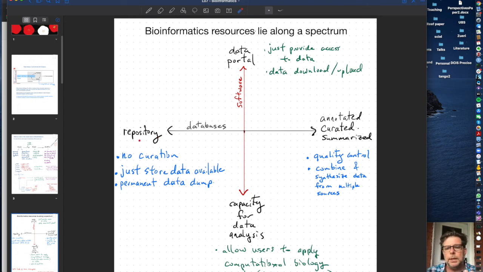The people who run that database simply accept data in, and they tag it with a unique barcode, for example, and they store some basic information about that data set, who generated it, where, what it's supposed to represent, and they make it available for the community. And that's very important. So it's a permanent data dump, right?